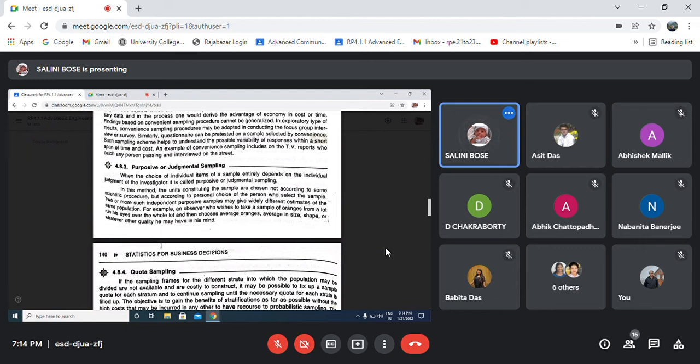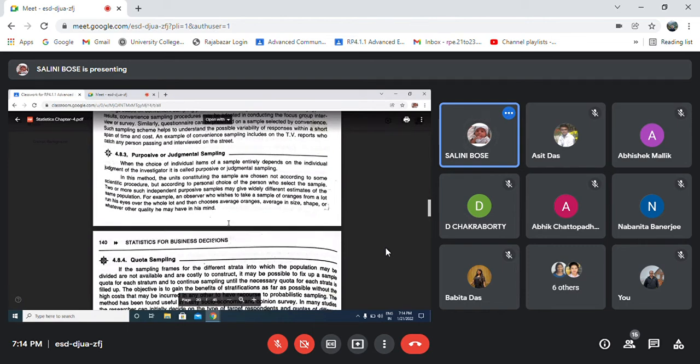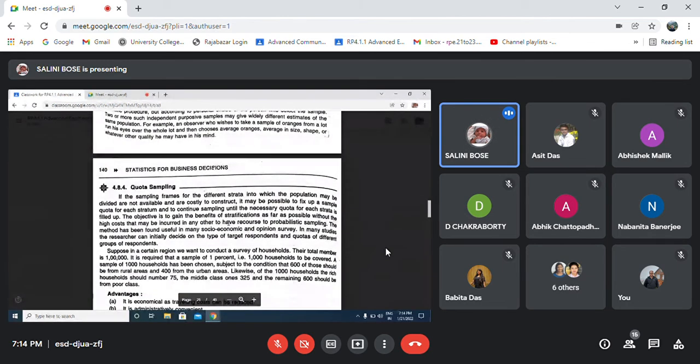Suppose any other person took another basket, and those oranges may not be of good quality. So this varies. Two different persons' judgments may vary the estimate of the total population quality. That is called judgmental sampling. Clear? And the last one is quota sampling.